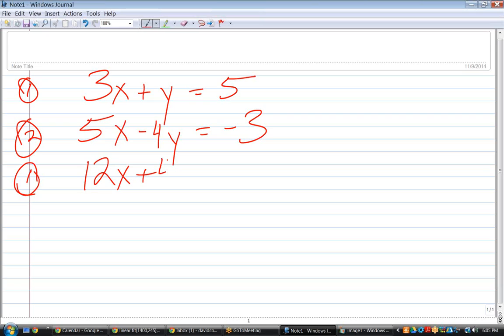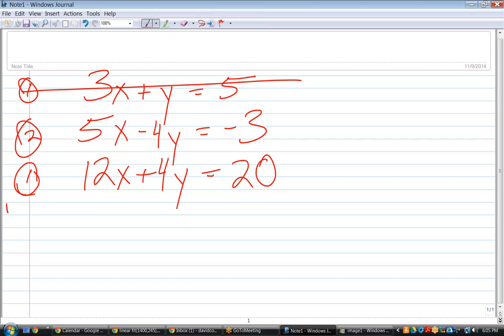Well, notice what that makes. If I take equation 1 and multiply it by 4, I get this as a new equation 1. You see that? So all I've done is multiplied every single term by 4. And you're always allowed to do that in algebra. You can do whatever you want to the left side as long as you do it to the right side.